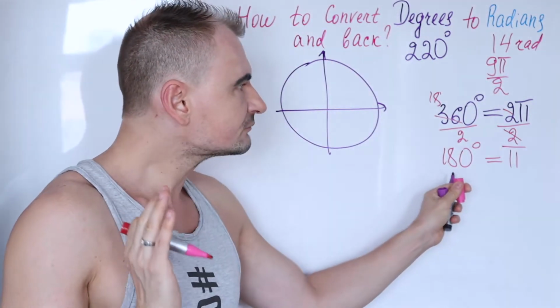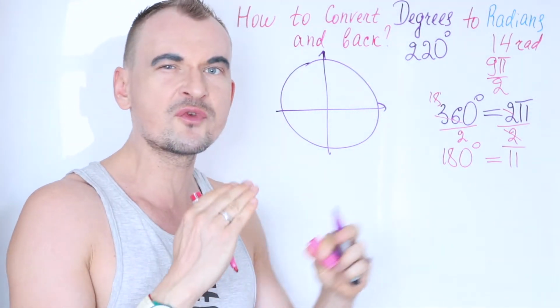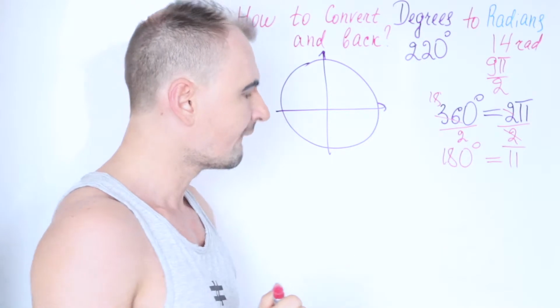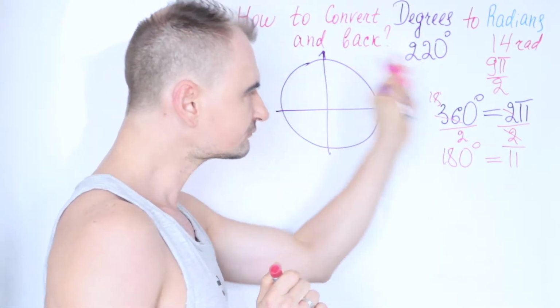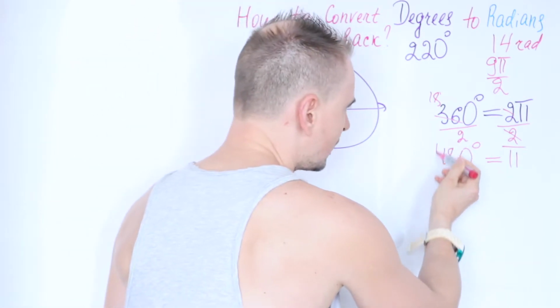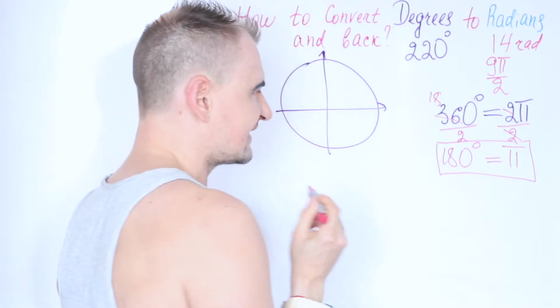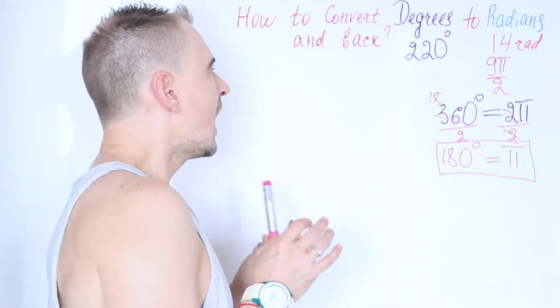So you can take this equality as a conversion equation for all these conversion problems. So 180 degrees is precisely the same thing as pi.